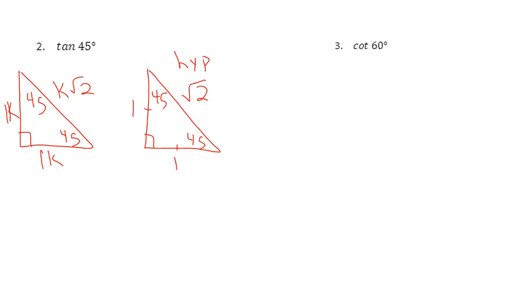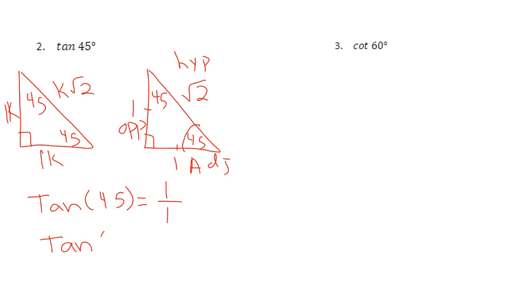So we're looking for tangent of 45 degrees. I can choose any 45 degrees I want. They both are going to get me the same answer. So tangent of 45 we see is 1 over 1, or 1k over 1k, which would just be 1. So tangent of 45 would just be 1.